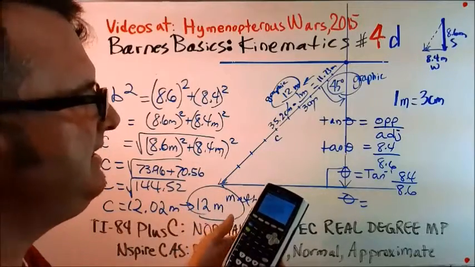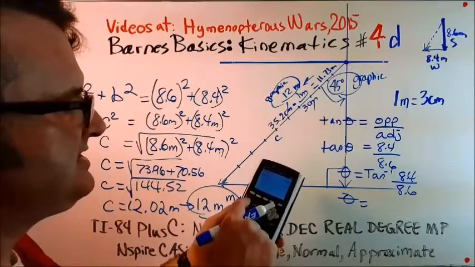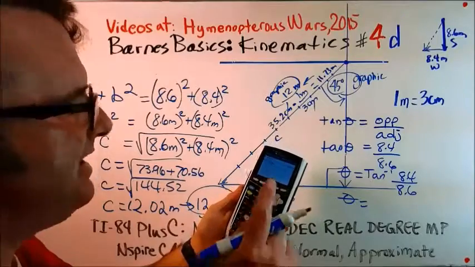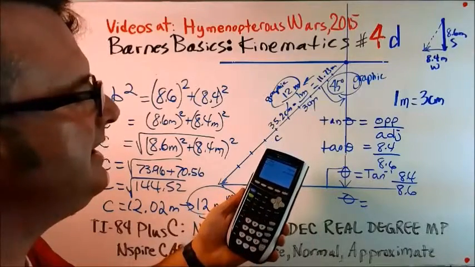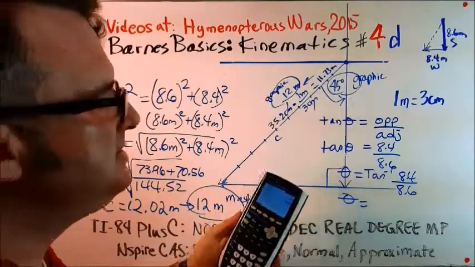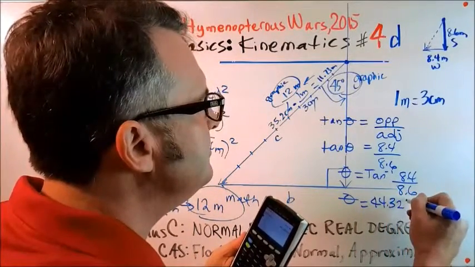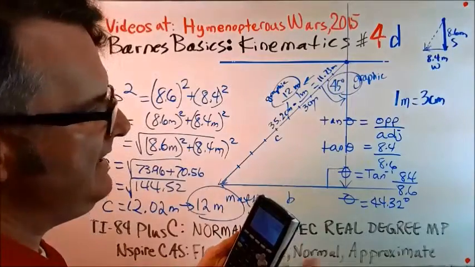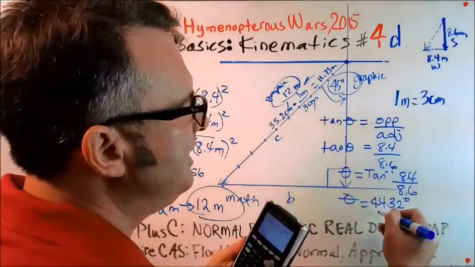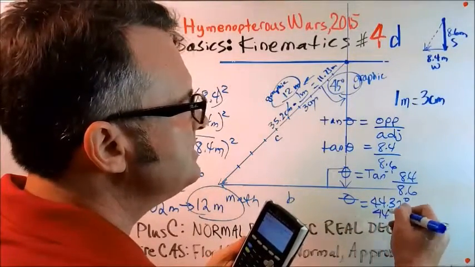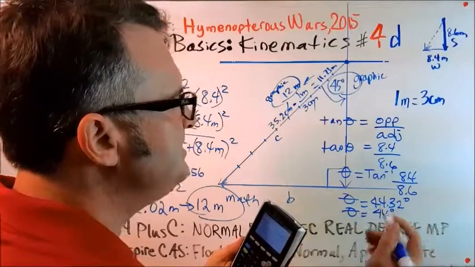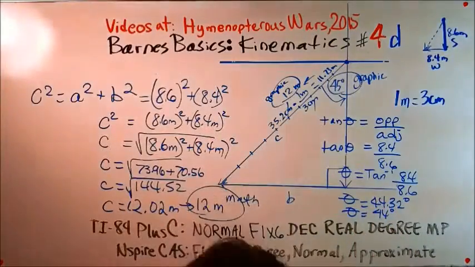That gives tan negative 1. And then let's hit second minus. That pulls up the answer. Hit enter. And I got 44.32. Theta is equal to 44.32 degrees. And if we round it off, we would round it off to 44 degrees. We need a little bit more information than that, but we'll talk about that.